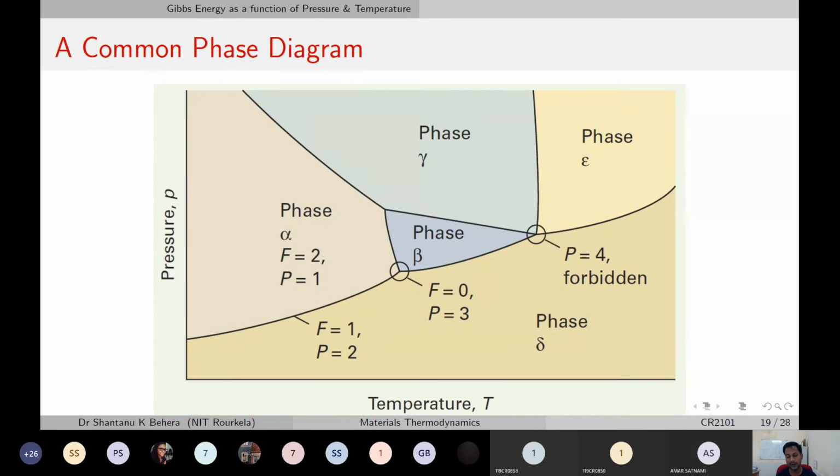Now, if that temperature changes, let's say you have an equilibrium at 1 atmosphere and 25 degrees Celsius. That's where you have alpha, beta, and delta phase all existing at this point.